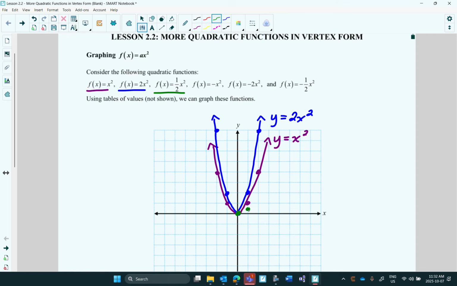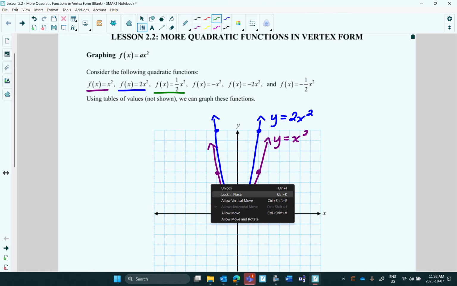And with 2 squared times a half, that's 1/2 times 4, 2. So instead of going up 4, I only go up 2. And the same thing would happen on the other side.